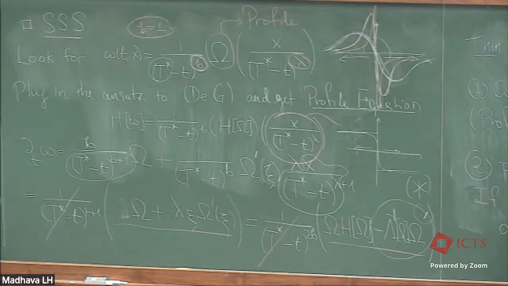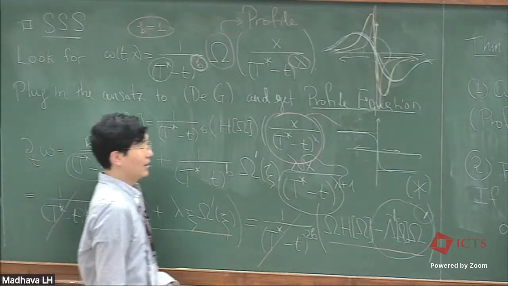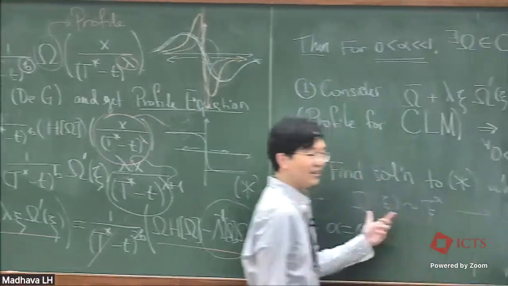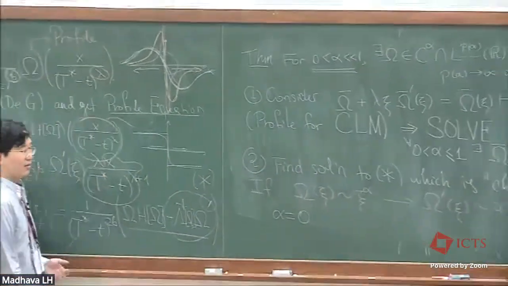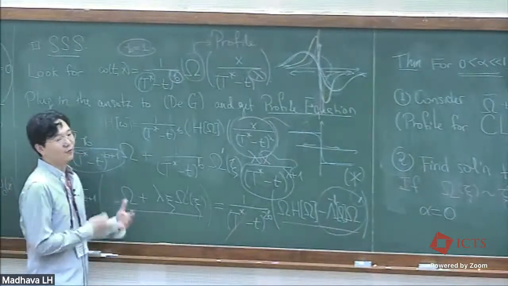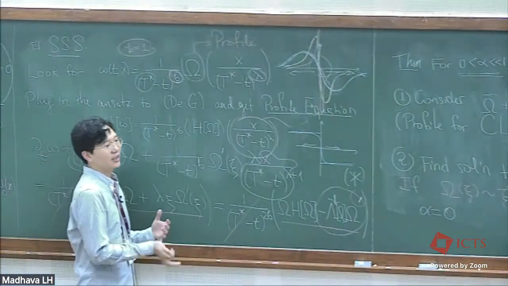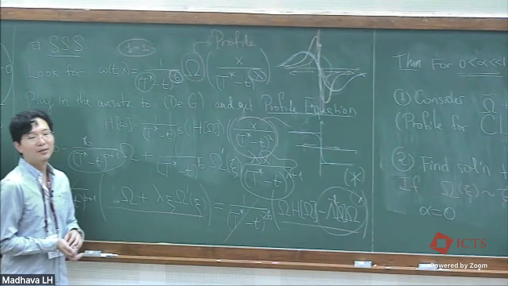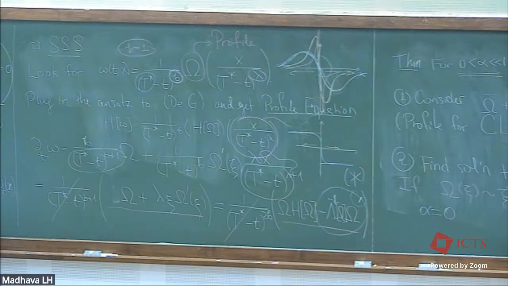So formally, in the class of functions behaving like this near the origin, the Grigoriev model, not just the profile equation, the full model reduces, in some sense, to the CLM. But all the question now is about making precise this sense that one model approximates the other.